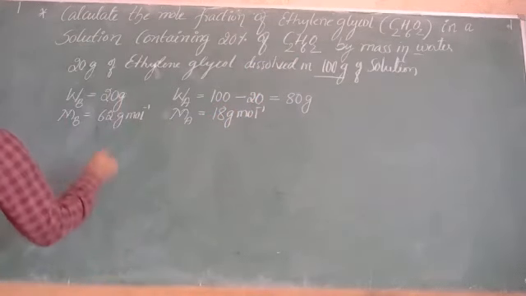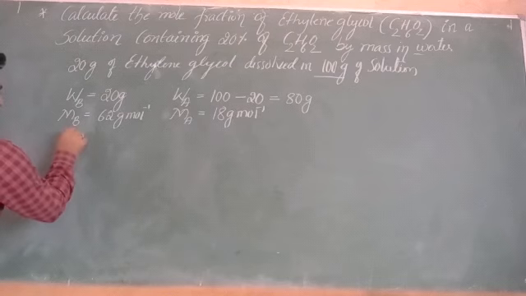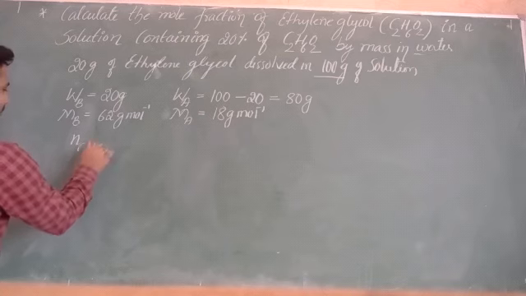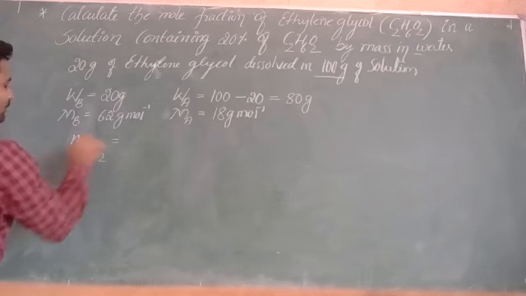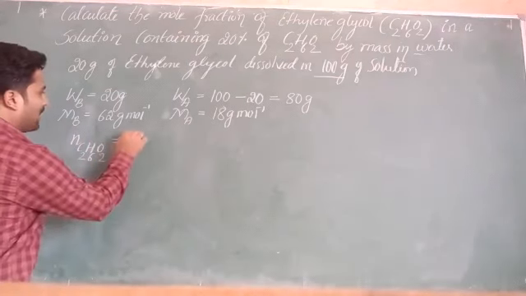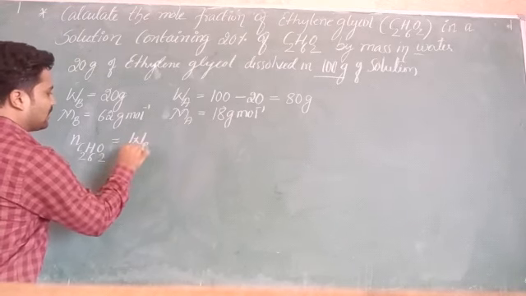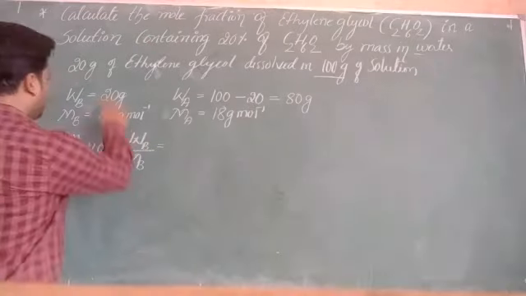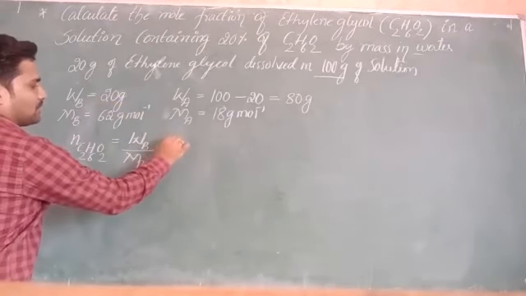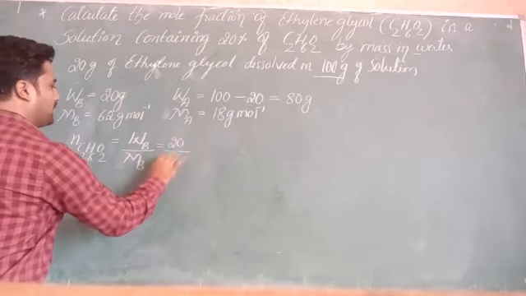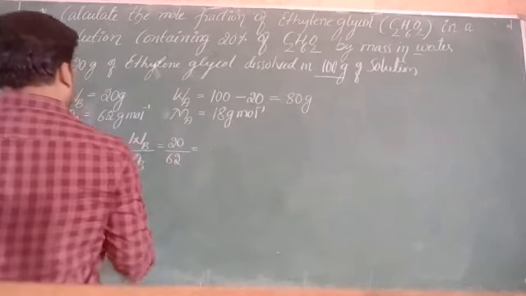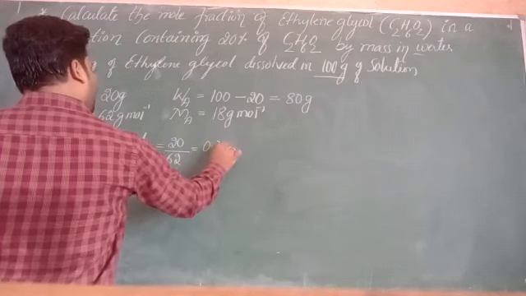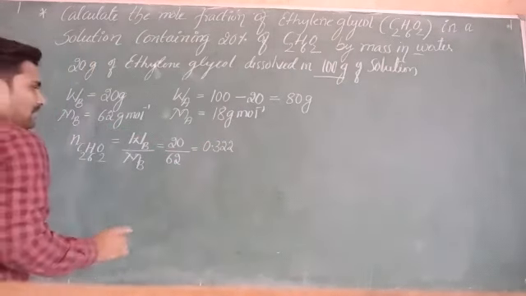Okay, so now let's calculate the number of moles of ethylene glycol, that is C2H6O2. Number of moles means mass by molar mass, Wb by Mb. So Wb by Mb, that is Wb is 20 divided by 62. So 20 divided by 62, it is 0.322. Clear?